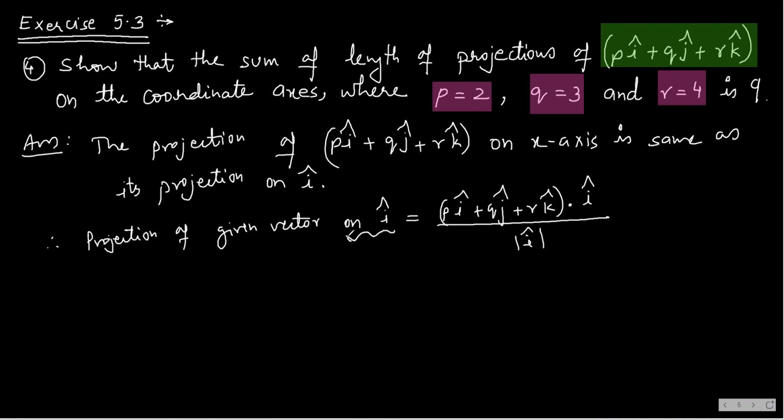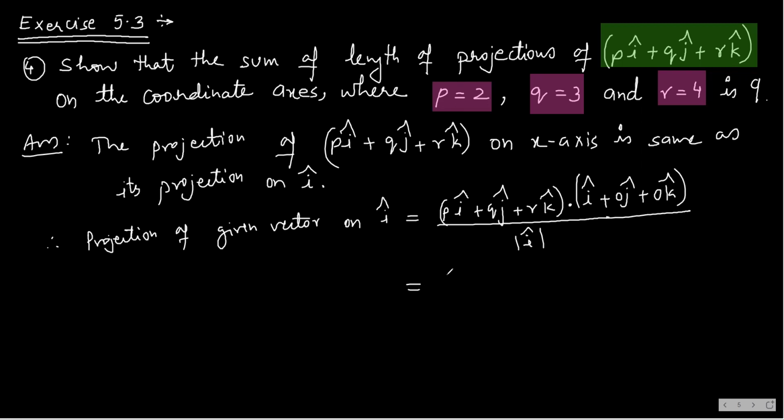Since it is on I cap, mod I cap will be in the denominator, and it is the projection of the given vector, so we have the dot product of the given vector with I cap. Now what will this be equal to, students? When I have I cap, I have only I cap, so I have 0 j cap plus 0 k cap.